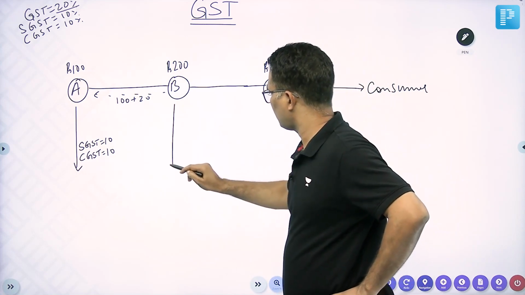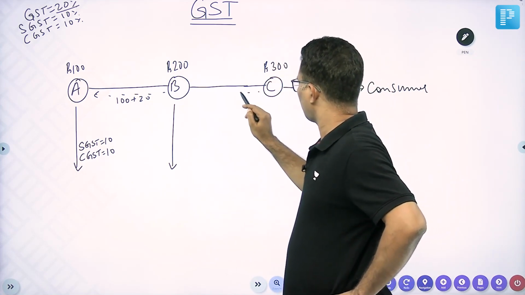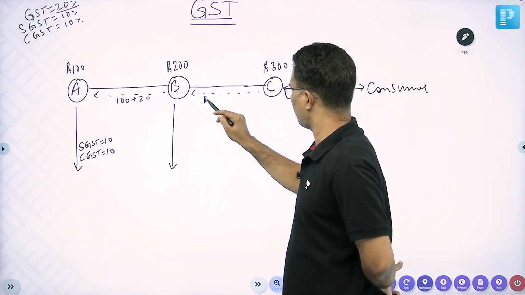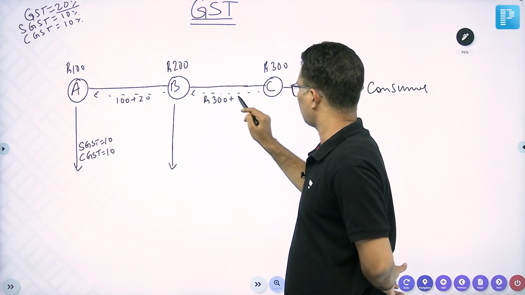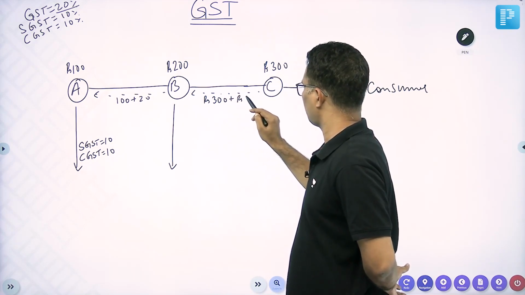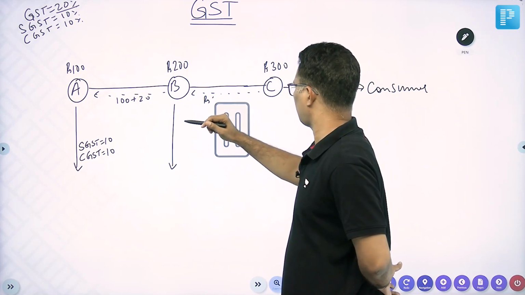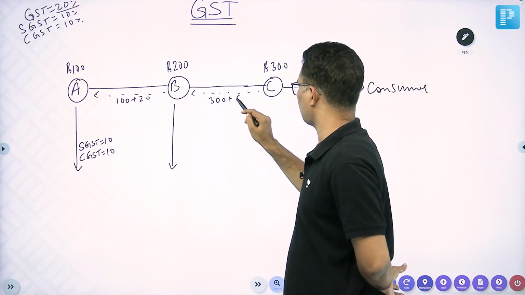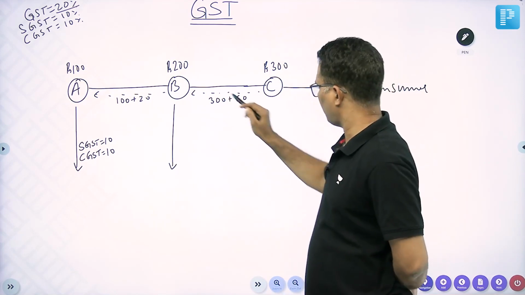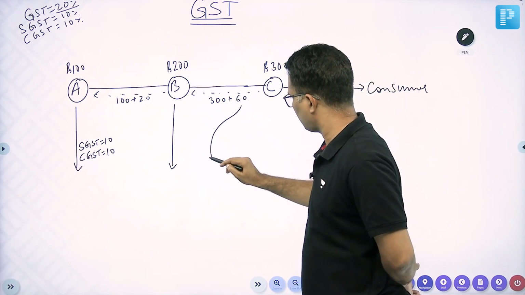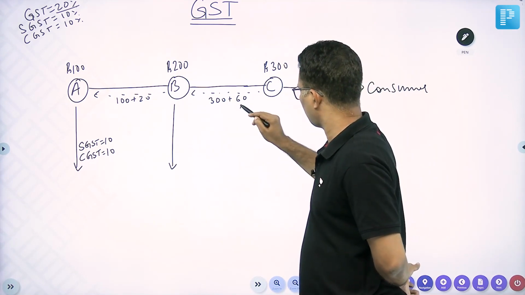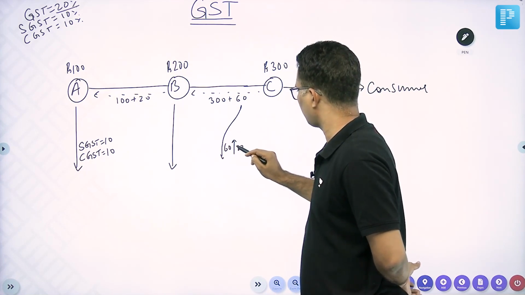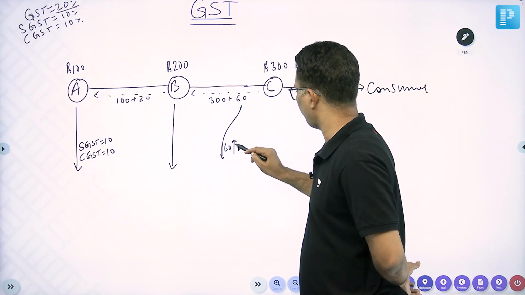What will happen here? I am not preparing the bill again and again. 300 plus 20%, 60. So B will deposit 60 and he will get 20 back.